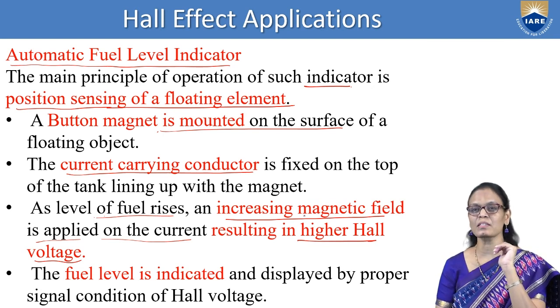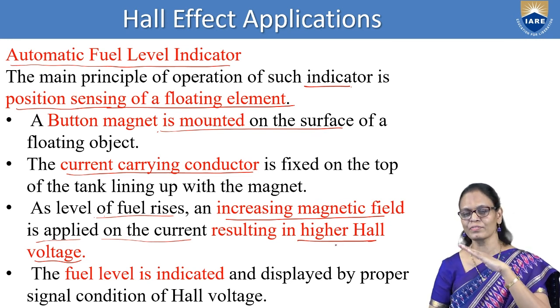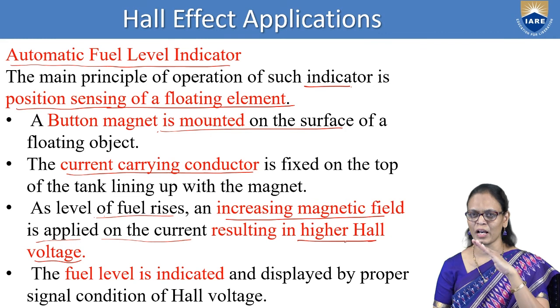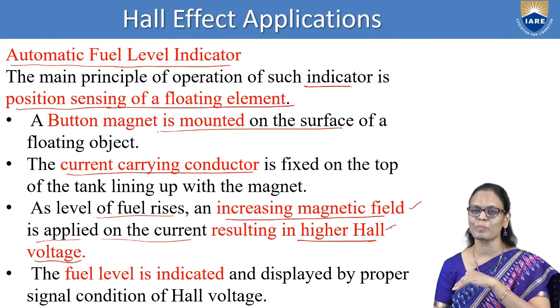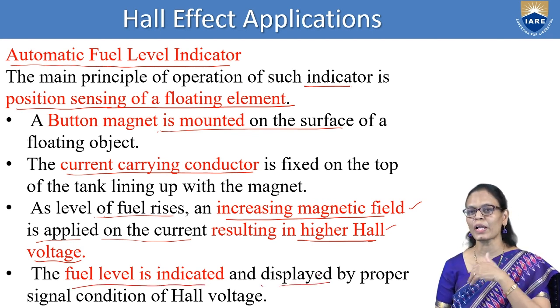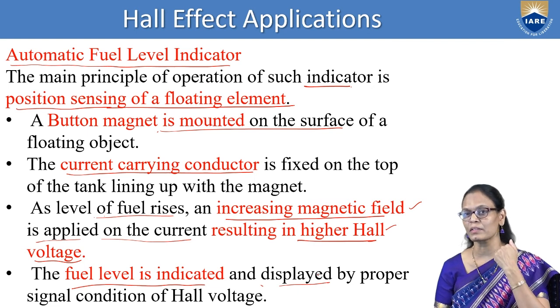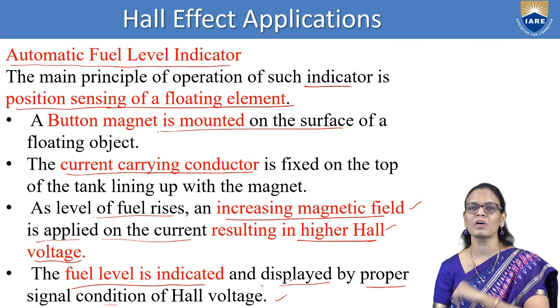And as the level of the fuel goes down, further and further away, there will be a decrease in the magnetic field, so there will be a decrease in voltage. So the fuel level is indicated and displayed. You can see it in an analog manner. It is displayed by proper signal indication of the Hall voltage.